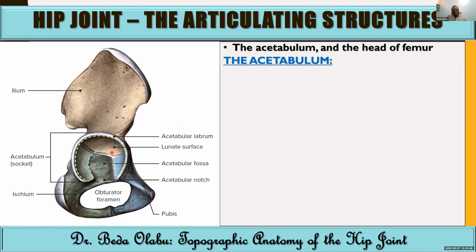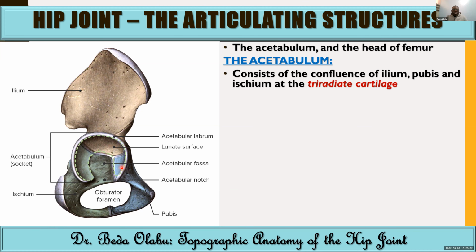So this is how the acetabulum looks. It means cup-like. The acetabulum consists of a confluence of three bones: the ilium, the pubis, and the ischium. And these three bones usually are separated by a cartilage, which we call the triradiate cartilage.